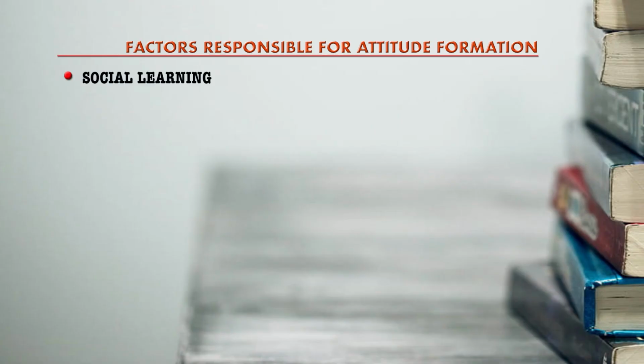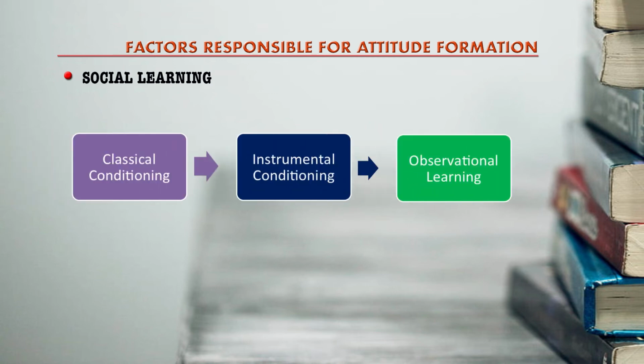Now, let us focus upon some of the very important factors that are responsible for forming attitude. First, let me focus upon social learning. The social learning environment also helps us a lot. That is a very significant factor for developing and forming attitude. In class, if I can give the example of classical conditioning. So, what is classical conditioning?